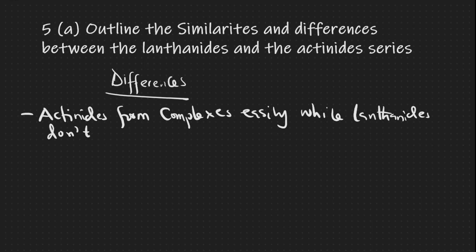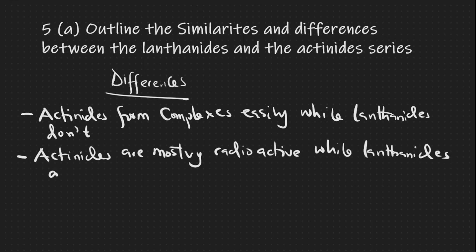The second difference is that the actinides are mostly radioactive elements, while the lanthanides are mostly non-radioactive elements except promethium. The third difference is that most actinide ions are colored, while most lanthanide ions are colorless.